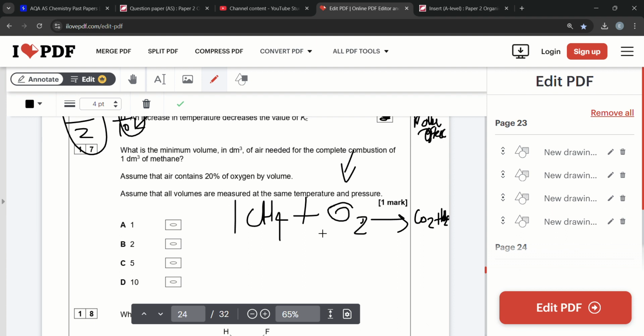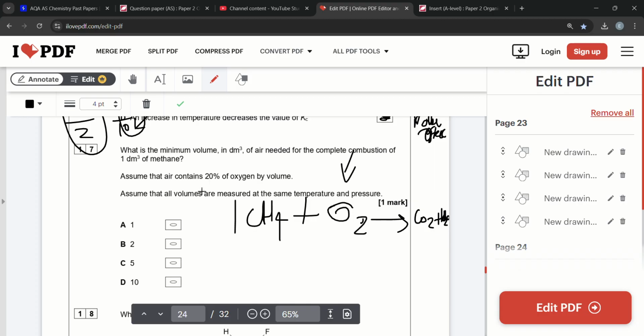So 20 divided by 100, 0.20. Minimum volume of air needed for the complete combustion of this.